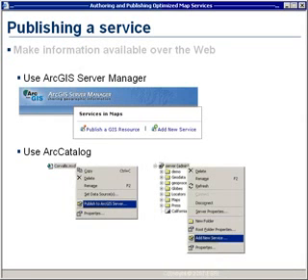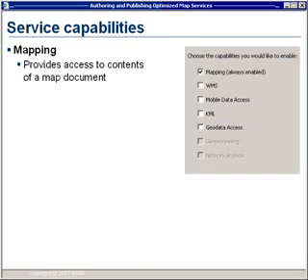Once you have specified a name for the service and the map document that will define it, you will be asked for the capabilities you wish to enable. A panel with a list of options will appear. This list will vary based on the resource you are publishing. The mapping capability will always be enabled when you are publishing a map document, thus giving access to the contents of that document.